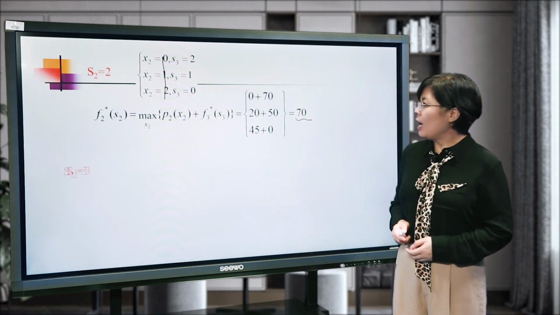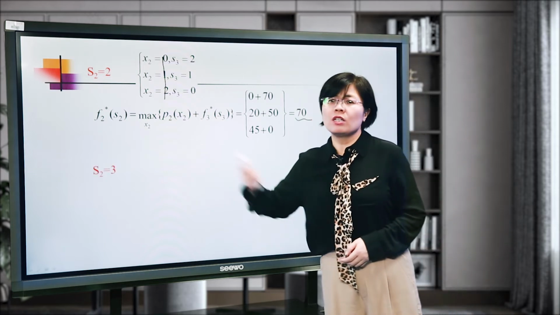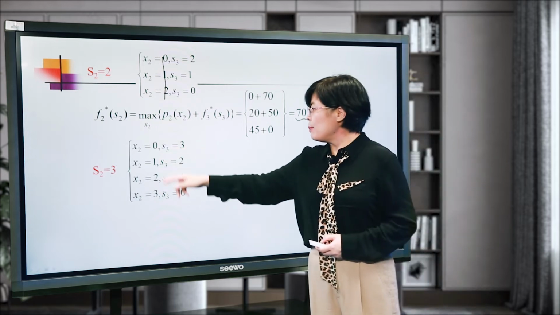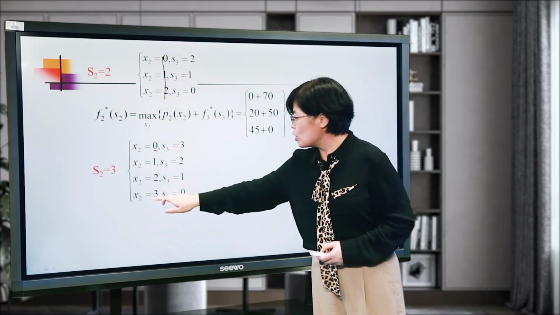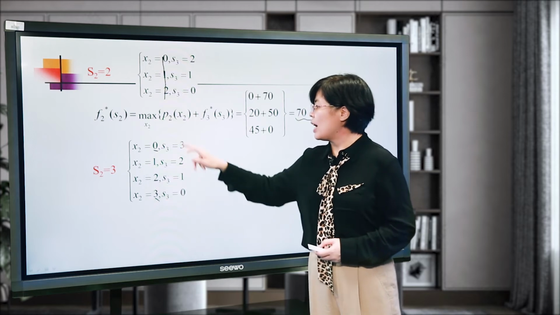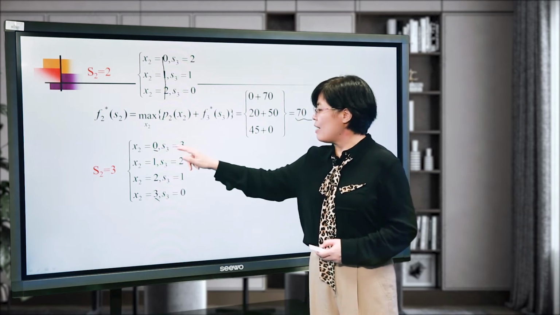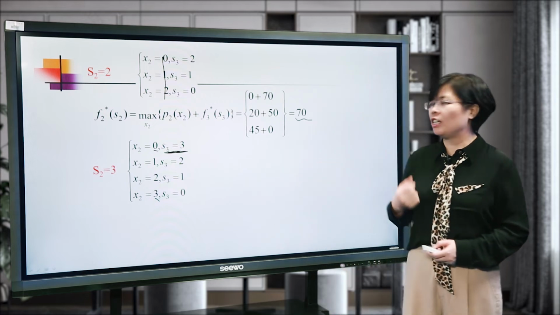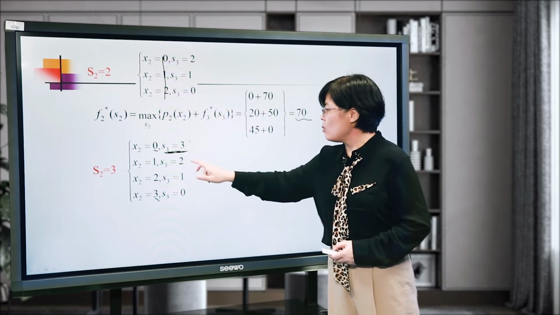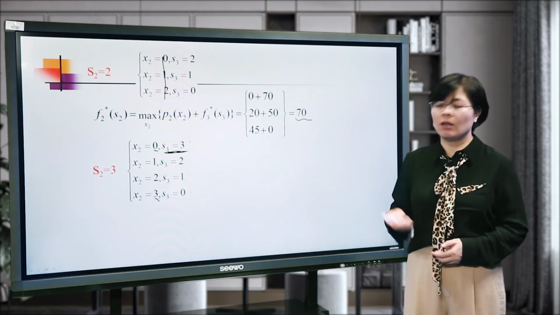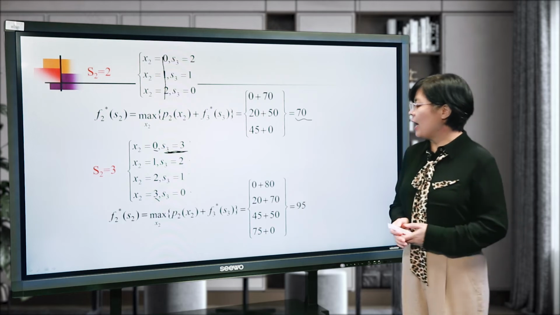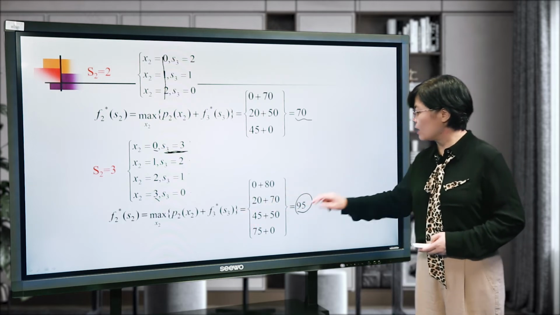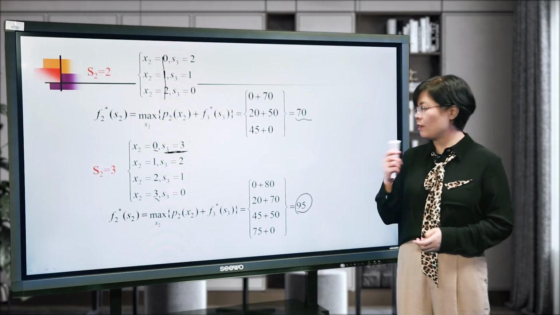If S2 is 3, X2 can also be 0 to 3, and what is left is the remaining medical teams: 3, 2, 1, 0. Then we can use the recursive formulation to get the optimal solution.